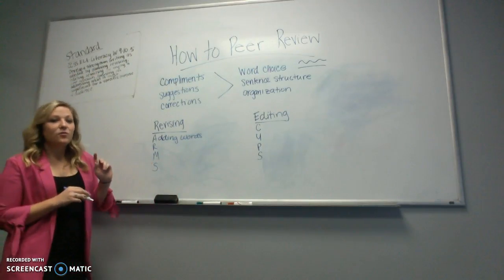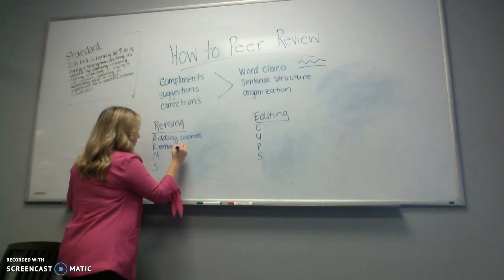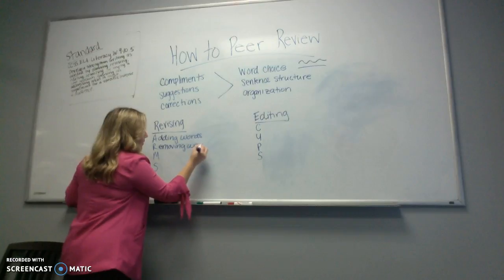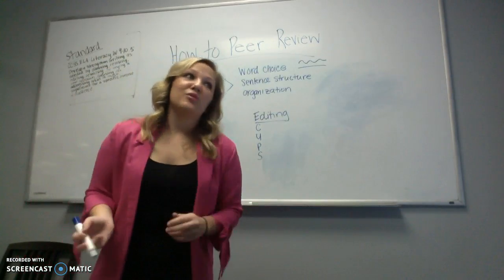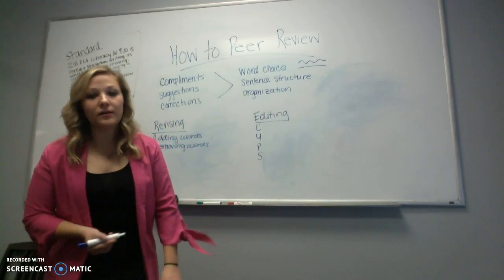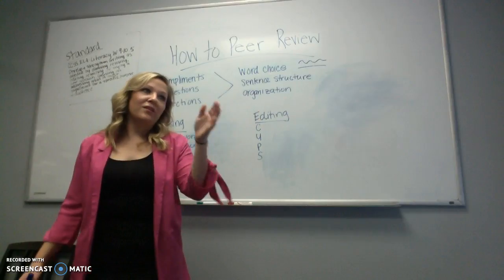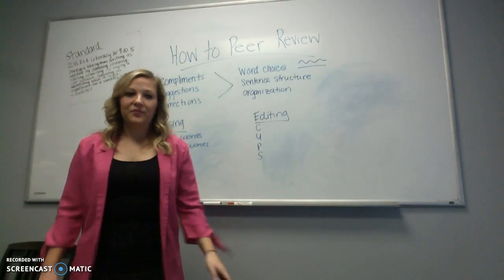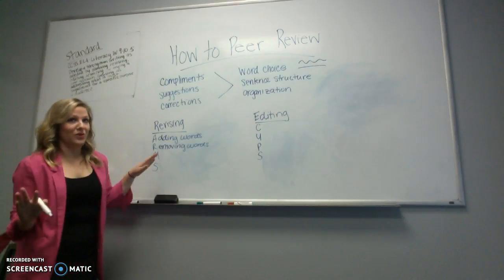When we are revising, we are going to be thinking about removing words. So maybe a sentence has too many adverbs. And you say, oh, I don't need to say, well, the fox went down the hole super very a lot quickly. First of all, that sentence doesn't even make sense, okay? So that's where you remove the words.